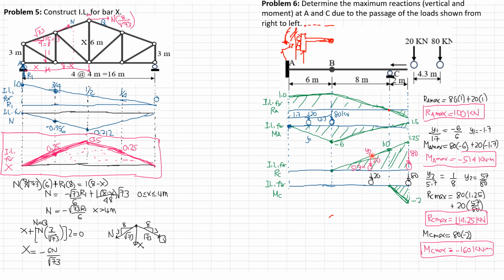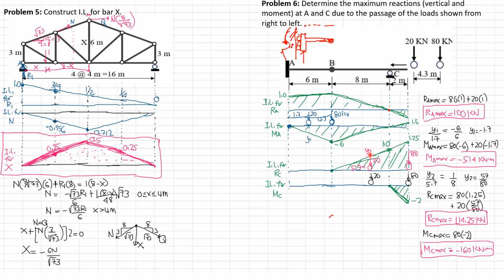Then, this is the position of the 20 kilonewton load for maximum RA. 80 should be over this rightmost end, and the ordinate is 1.25. So therefore, this is 5.7. 10 meters minus 4.3 is 5.7.